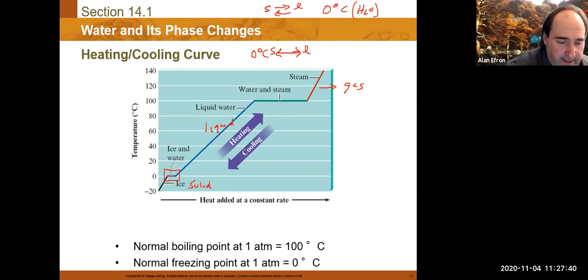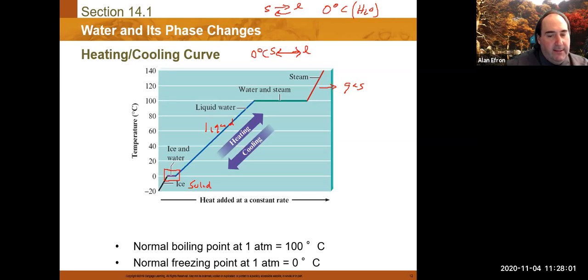It's really not until you get a little above 0 degrees that you're into liquid water, and not until you get a little below 0 degrees that you're into solid, or ice in the case of water. It just depends on what you're going to do in terms of energy.